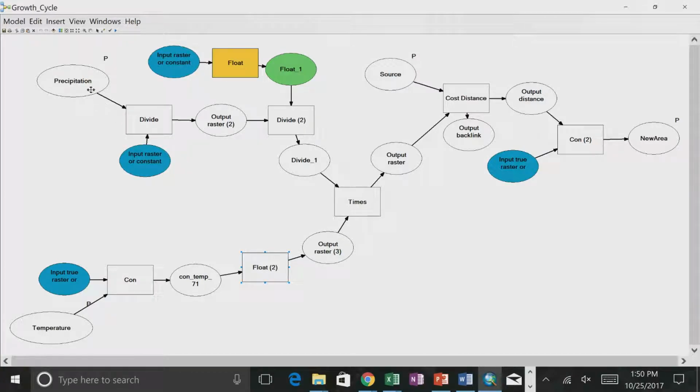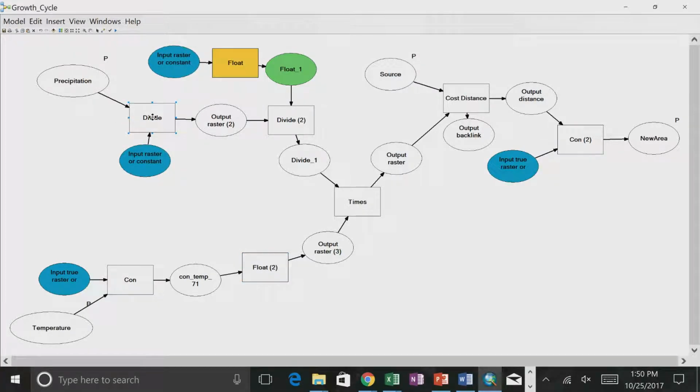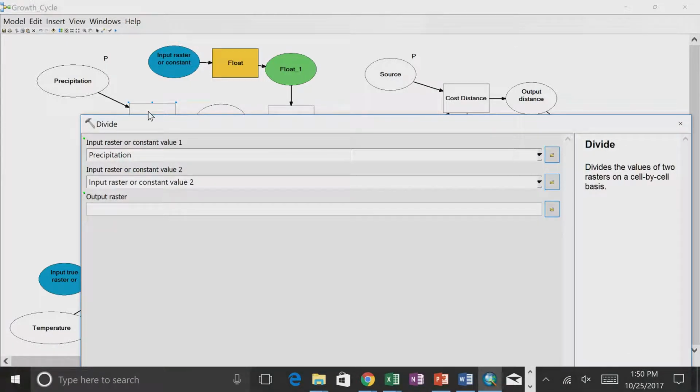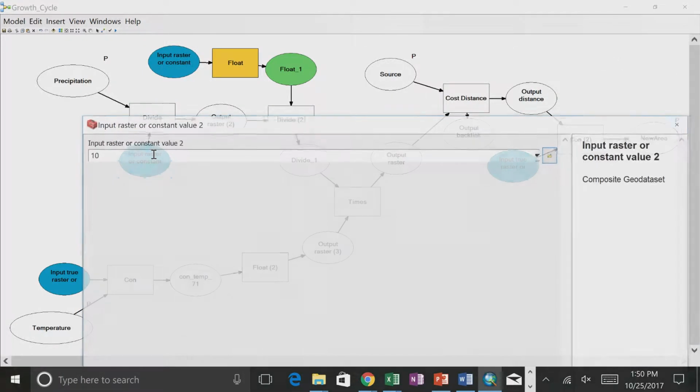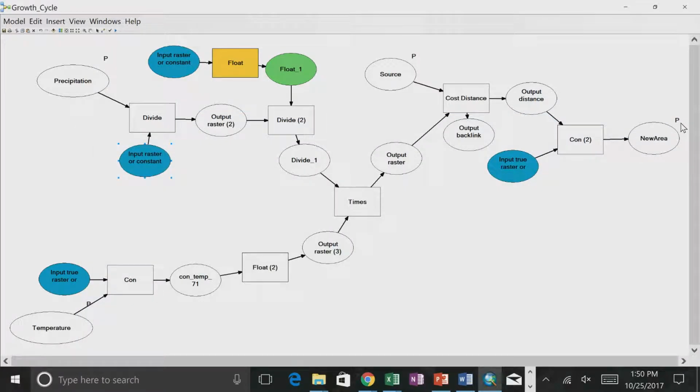Let's go to precipitation now. Precipitation just said that we take the precipitation value, we divide it by a constant, which I gave in the lab, which is 10. The reason why I did it like this is because I could make these parameters later on if I wanted to, and then the user could actually tweak them a bit and run the model over again.